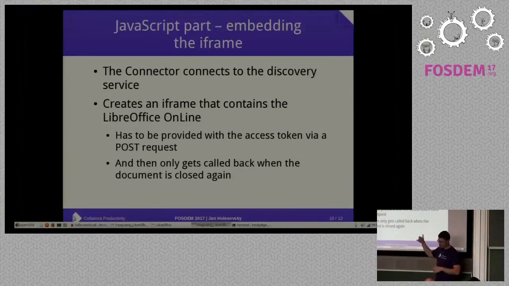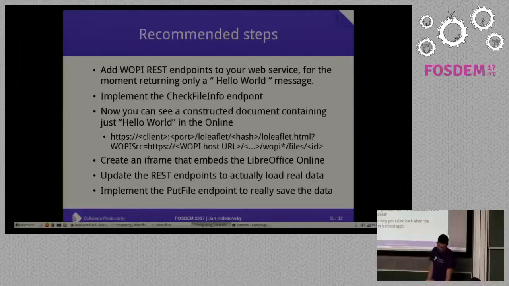On the JavaScript side of things, it is necessary to create the iframe that contains LibreOffice Online. Here is where you provide the access token to LibreOffice Online via a post method, so that it can remember that, and then it can talk to the WOPI host itself.